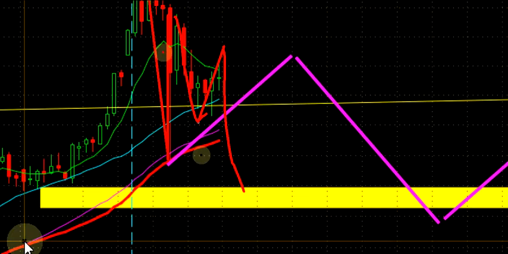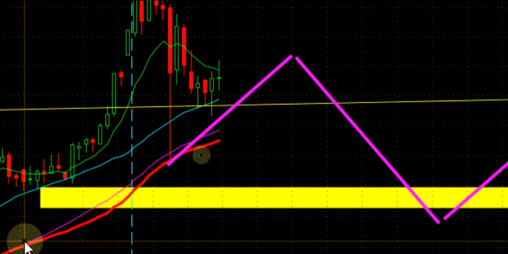But I guess all these things are just a little too close together, these bars. So let me try it one more time. You can kind of see an A, B, C kind of thing going on here, where this is the last A, B, C. Okay, so we're looking for that to pull back into this box.